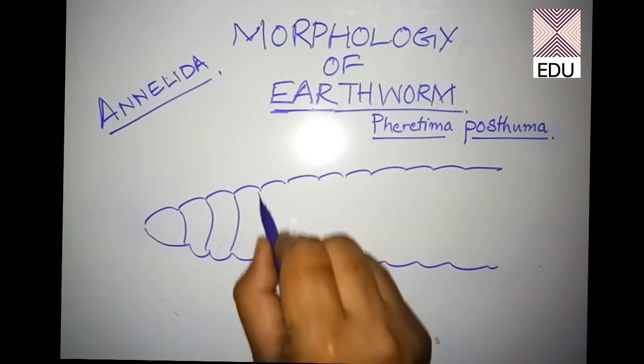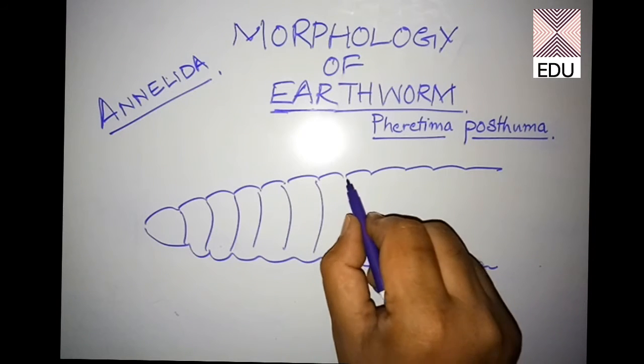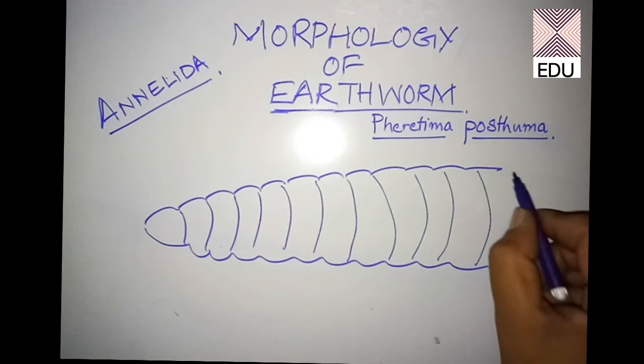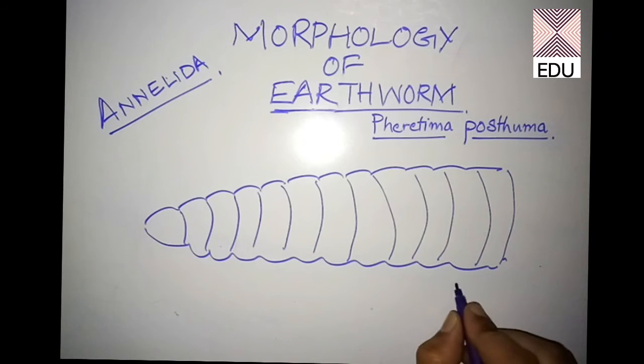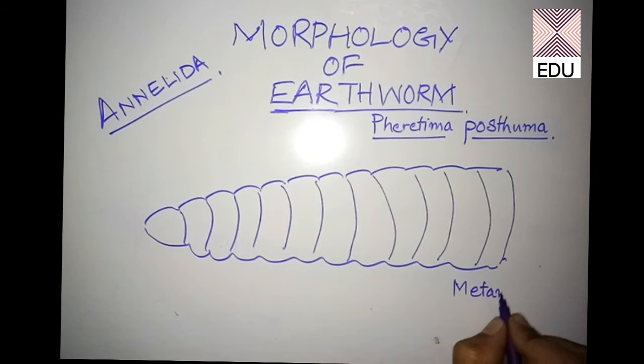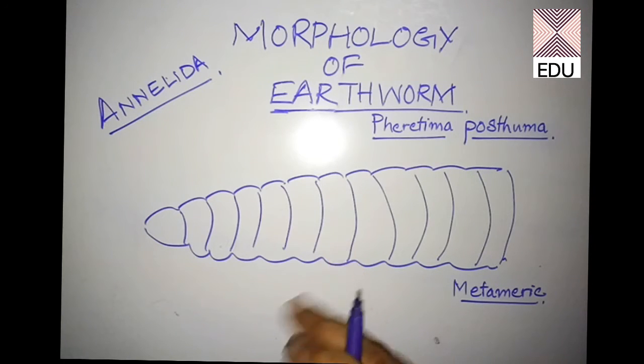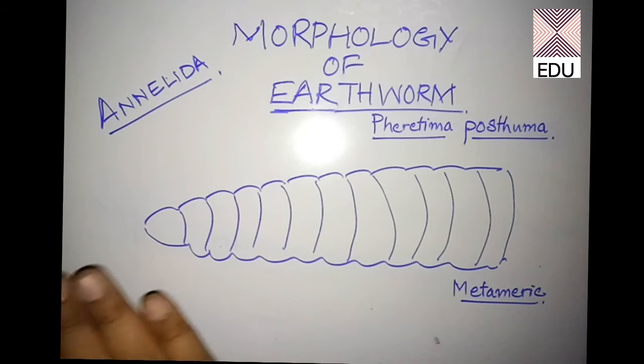These are the segments, and this segmentation is metameric. So what is metameric? Metameric segmentation can be seen from the outside and also from the inside. That is called metameric segmentation.